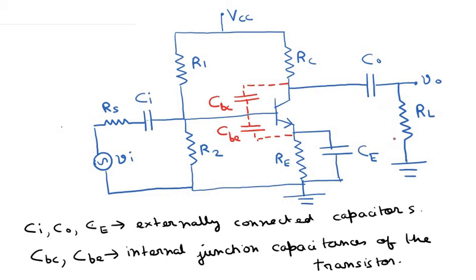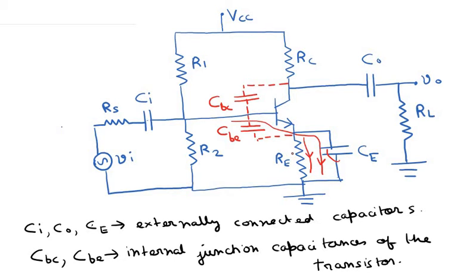Okay. Similarly, if CE does not act as a short circuit at the frequency, that is, if we lower the frequency too much, then the AC current would not flow only in this path, because now CE provides a finite impedance. Therefore, a part of the AC current would also flow across this resistor RE.